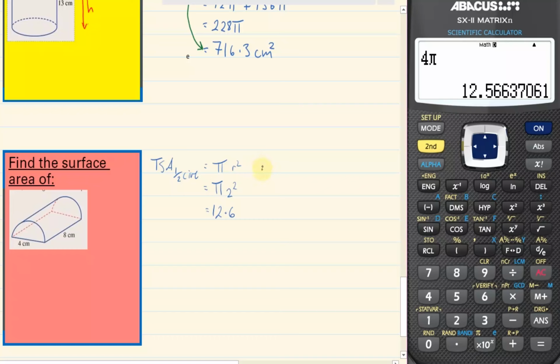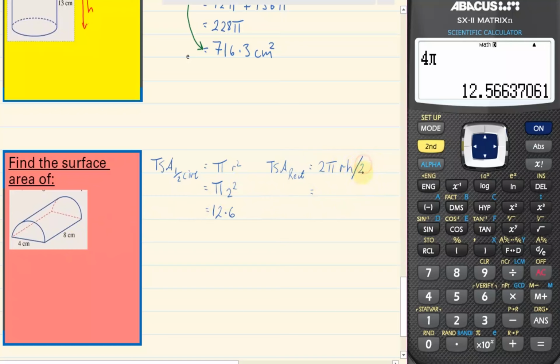So instead of our original equation, we can use, so we had, for the full body, let's see, right, TSA of the rectangle I'm going to put is 2 pi RH. Okay. Now, this one, though, is going to be half.